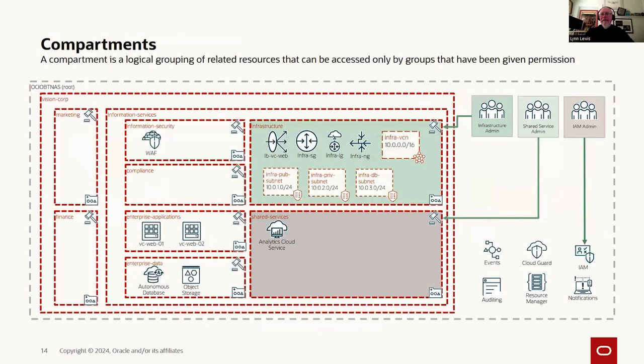So you'd maybe want an infrastructure admin group managing the permissions to your infrastructure resources, shared services admin managing permissions to your shared services compartment, and maybe a general IAM group. And the reason for this is that you do not want a group of users to be granted access incorrectly. So infrastructure, once again, would be more familiar with the permissions needed there, and there's no or less risk of overlap. So it's good to have different groups of admins for your different resources.